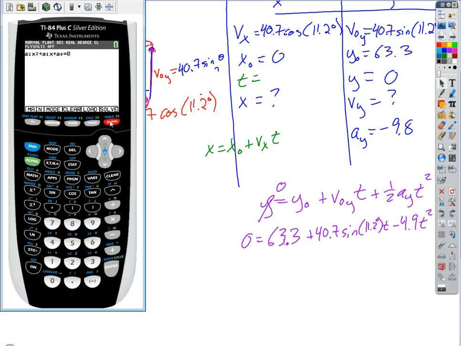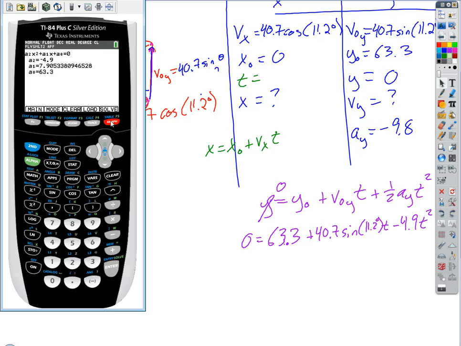What's the coefficient of t? Well, it's that, right? So we've got to do 40.7 times sine of 11.2. Make sure we're in degrees, right? Which I am. And then my constant is 63.3.